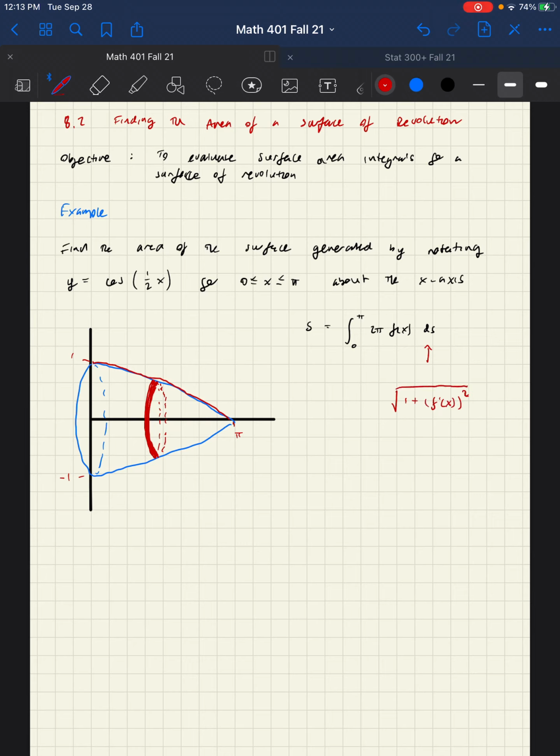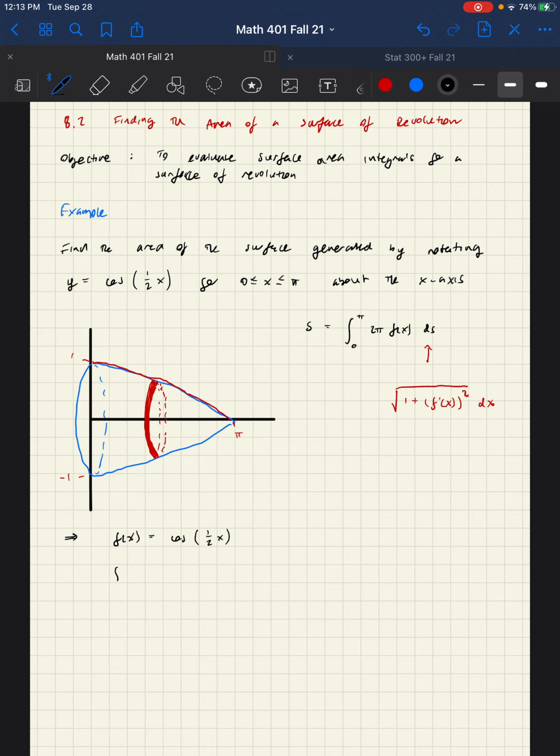The ds part is going to be equal to the square root of 1 plus f prime of x squared times dx. The ds will have different meanings depending on whether we're integrating with respect to x or with respect to y, so just be careful that this is an overloaded definition.